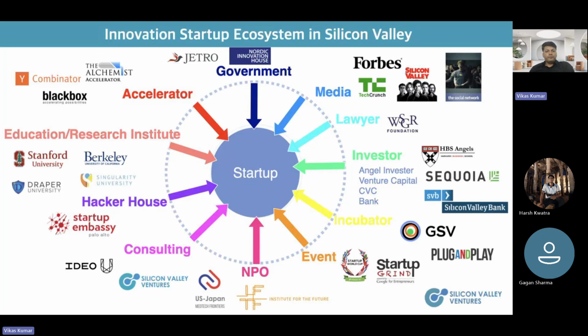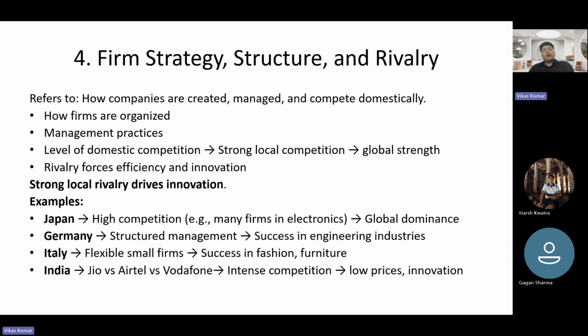The fourth factor in the Porter National Diamond Model is firm strategy, structure, and rivalry: how companies are created, managed, and compete domestically, how firms are organized, their management practices, and the level of domestic competition, which helps them become strong locally and then gain global strength.